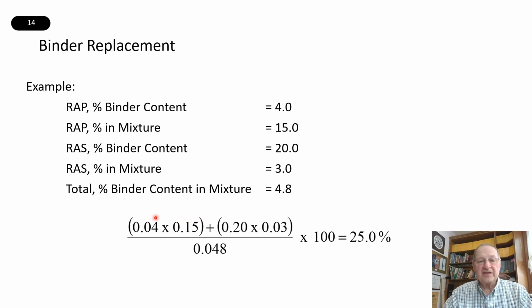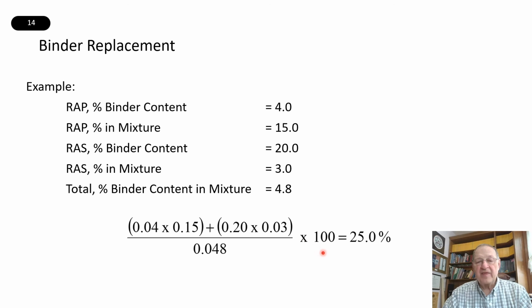So if I take 0.04, which is 4% expressed as a decimal, times 15%, which is 0.15 expressed as a decimal, plus the asphalt content of the shingles, 0.2, which is 20% expressed as a decimal, times 3% shingles, which is 0.03 expressed as a decimal, and divide that by 0.048, which is the total asphalt content expressed as a decimal.